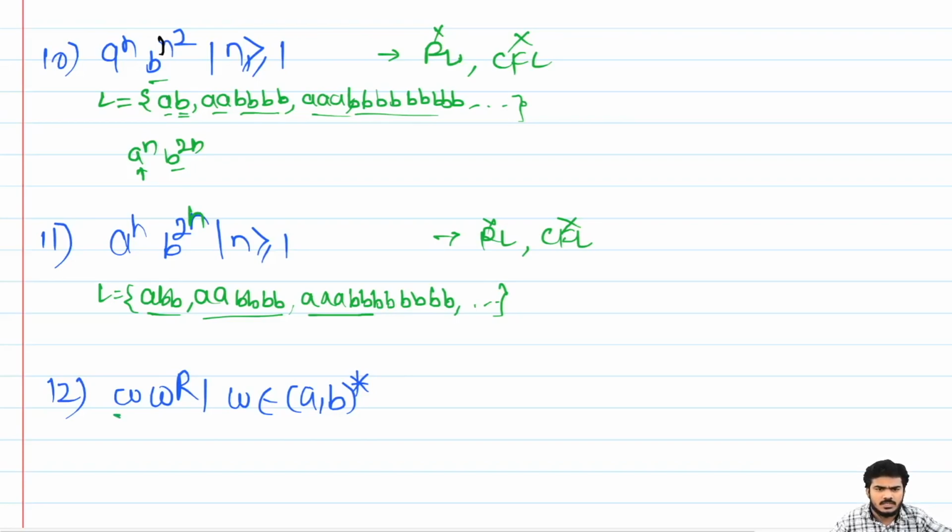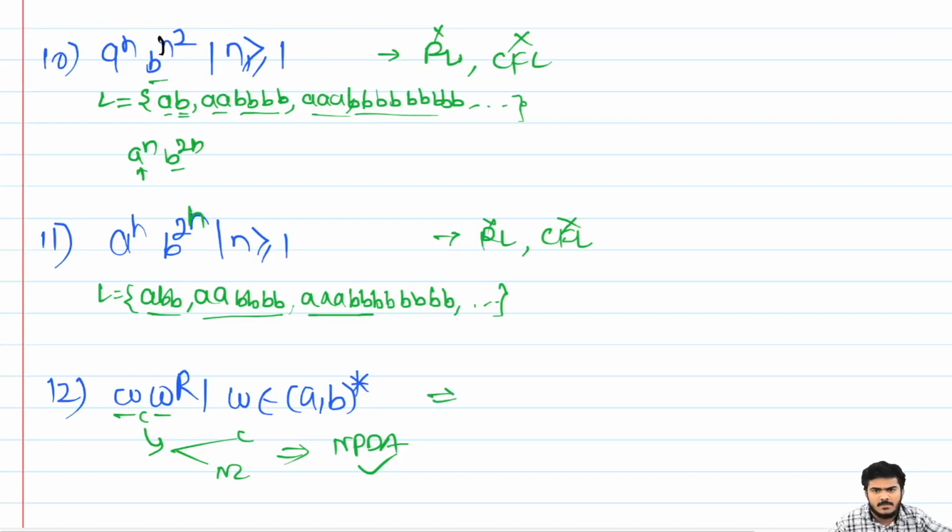Again, this is the language WW reversal, where W belongs to (a,b) whole star. We have already seen this example. Designing a deterministic PDA for this language is not possible, because we are not able to find the center. We have to always check two ways, whether the center came or not. By solving that example, we have seen that designing a non-deterministic PDA for this language is possible, but designing a deterministic PDA is not possible.